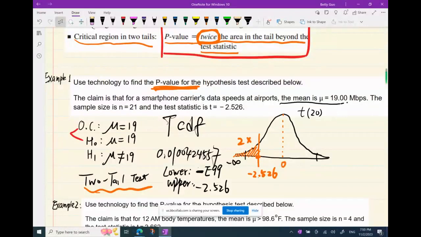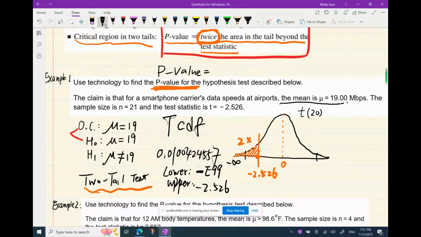Okay, hold on a second. Don't forget, that's not our p-value, okay? What is our p-value? Our p-value is twice that value. Since I already have that value on my calculator, I just continue from there by multiplying by 2. You don't have to enter it again.